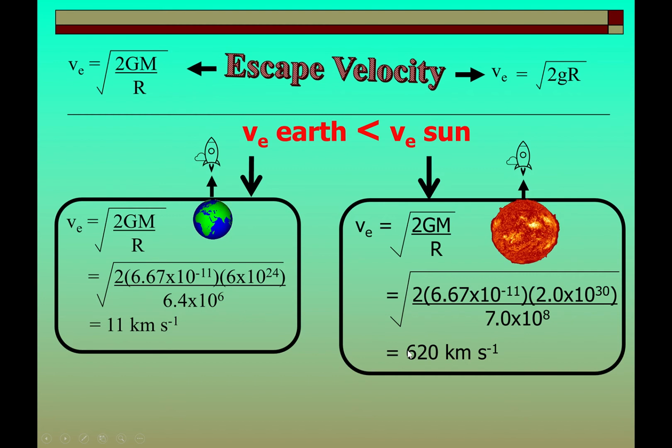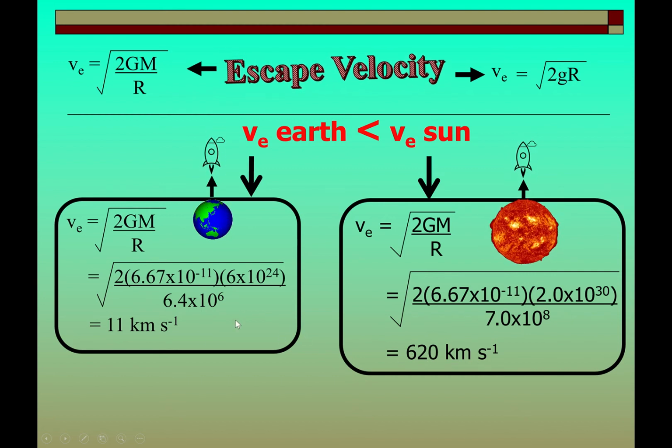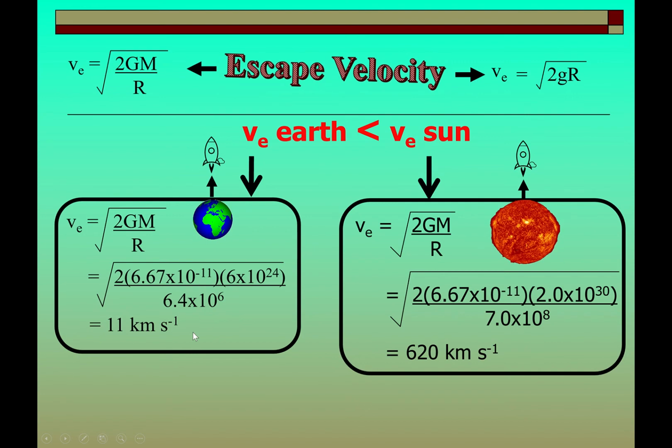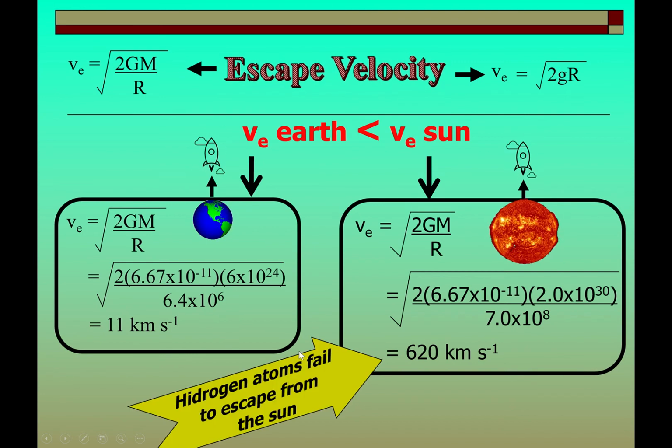So the answer is 620 kilometers per second, which is larger than the escape velocity of the Earth. This explains why hydrogen atoms fail to escape from the Sun.